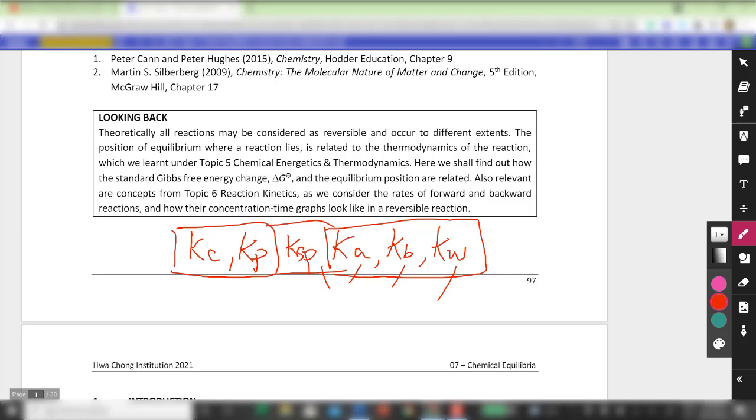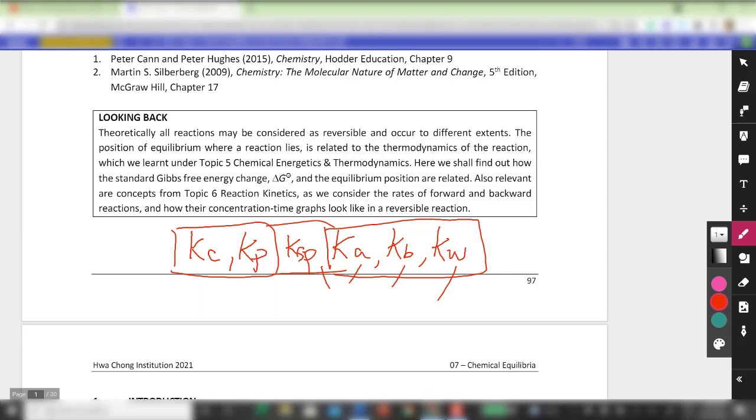And of course, reaction kinetics, you learn it after energetics. Okay, I hope you are not confused by it as well, because remember that for thermodynamics, we are talking about the energy content and whether a reaction can go or cannot go. Okay, so that's based on thermodynamics, or that's based on delta G.